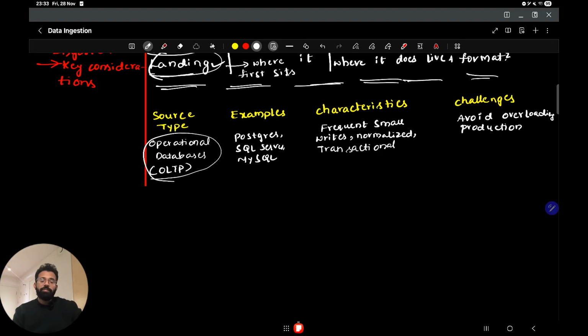Now what do I mean by operational databases? Let's say your company has some kind of product which has an application, so that application might be using the operational database as a storage, okay, for application storage.